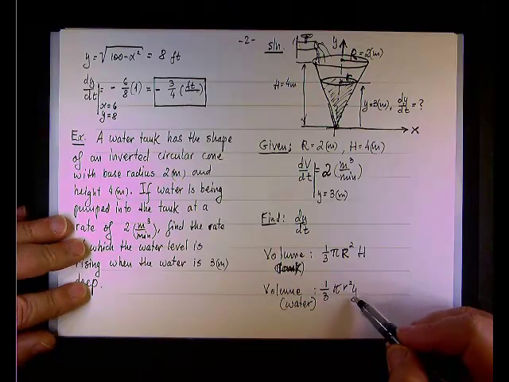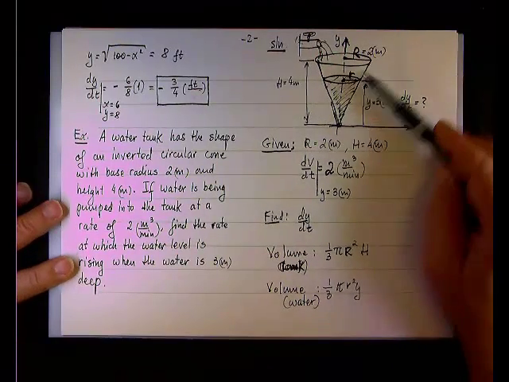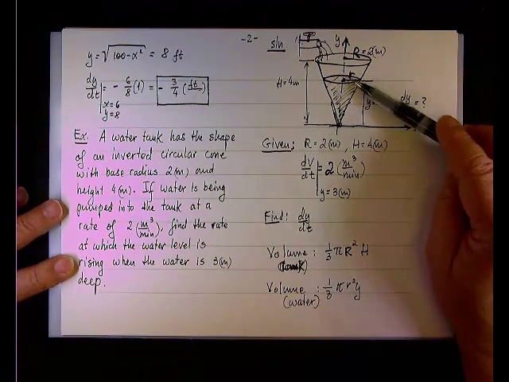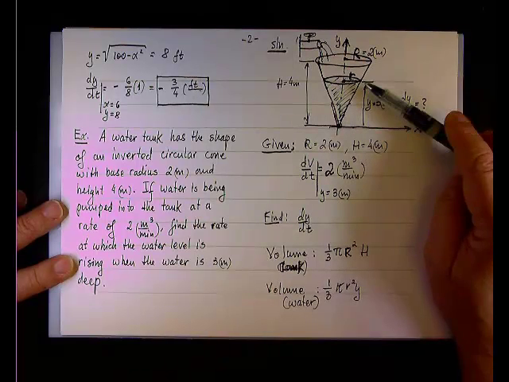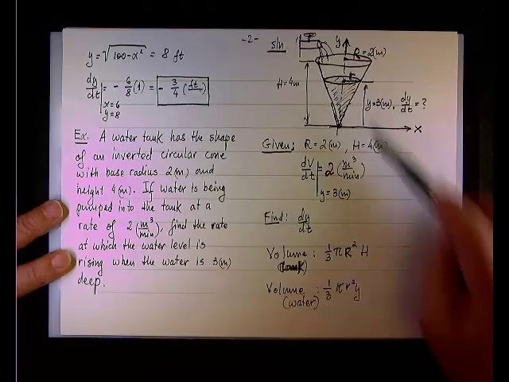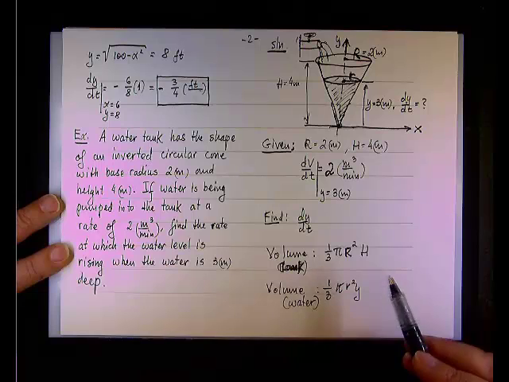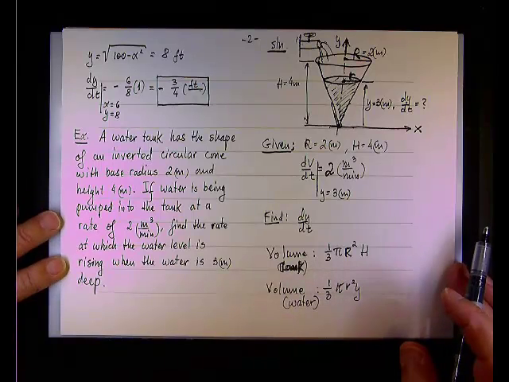I have both r and y, and both of them depend on time, because as the water level is rising, r is increasing and y is increasing. I want to find dy/dt, so I want to eliminate r and express it in terms of y.